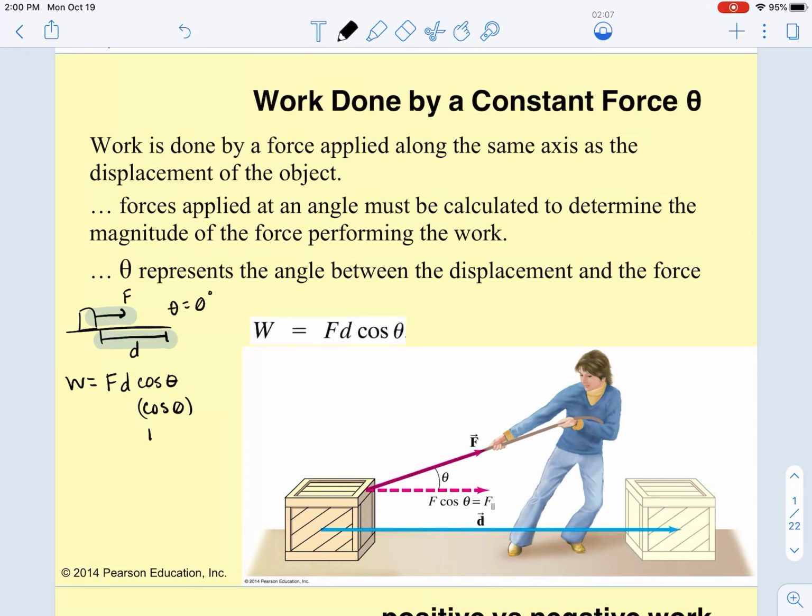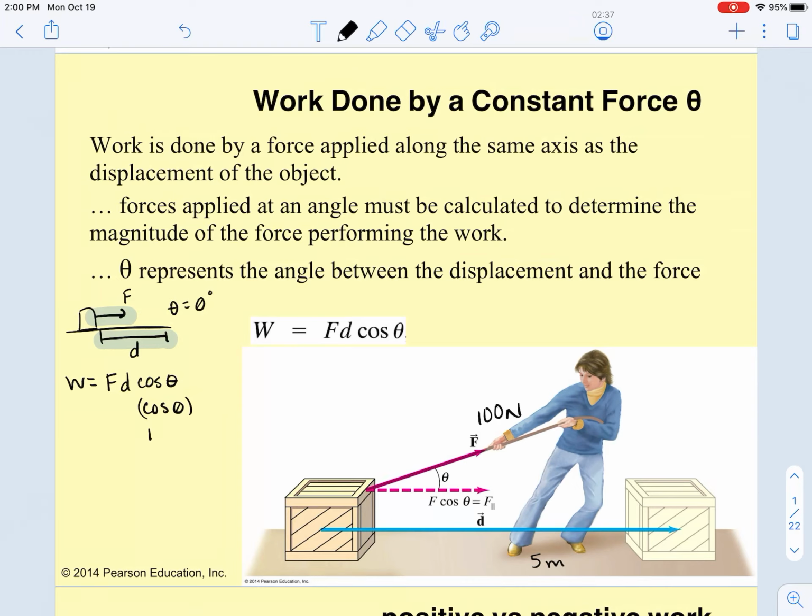Now, if we were to look at the illustration that they have given us here, they have taken our force, and instead of having it perfectly horizontal, they have put it on an angle. So I want to show you, let's say that she is pulling with 100 newtons of force, and this crate experiences a displacement of 5 meters.